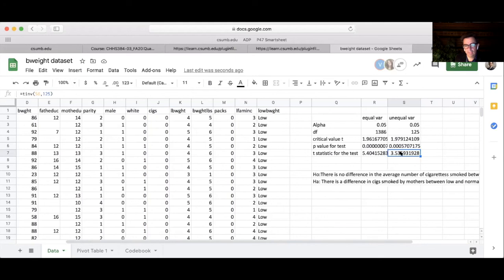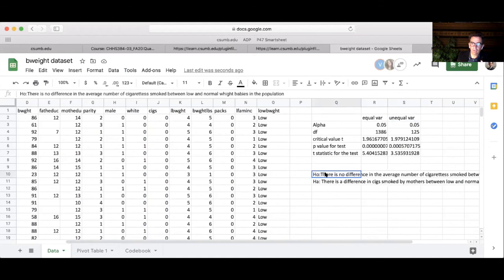This t value that we got is much higher than the critical value. So we can reject that null easily, right? So regardless of whether it's equal or unequal variances, it doesn't really matter because we know we can reject the null easily in this case.